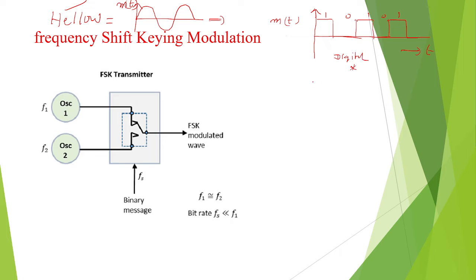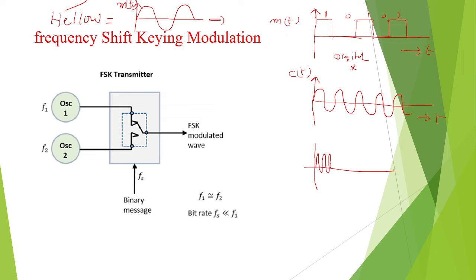So again we are going for a carrier. Of course, here there are two oscillators, two carrier signals they are using. Here I am assuming only one carrier, just assume this is the carrier signal. For binary input 1, the carrier is varied; this is the high frequency signal. For binary input 1, it is having, just assume, high frequency.